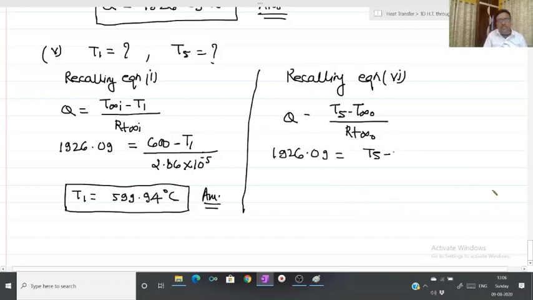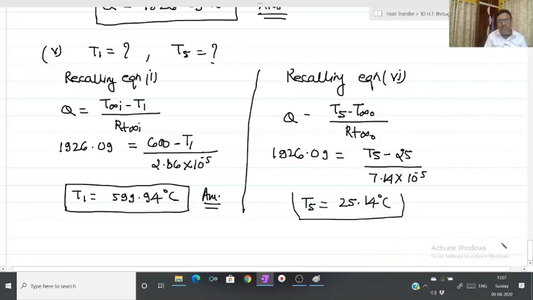T infinity O is 25, and the value of RT infinity O is 7.14 into 10 to the power minus 5. From here the value of T5 comes out as 25.14 degrees Celsius. So this way we could calculate the values of T1 and T5.